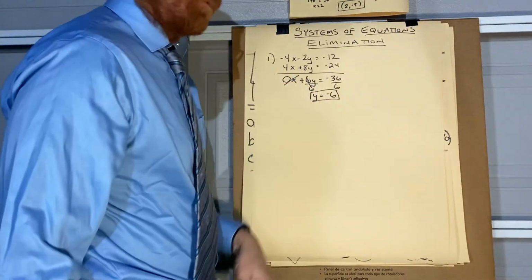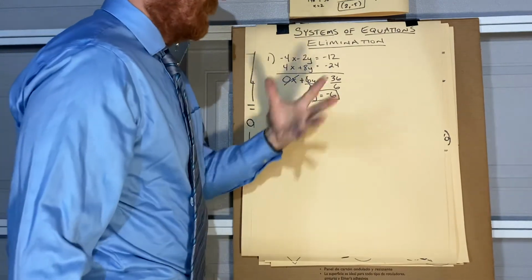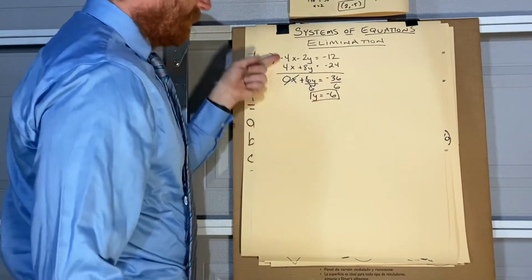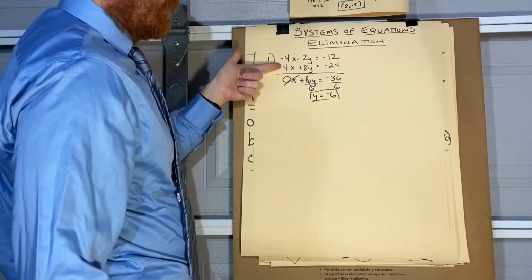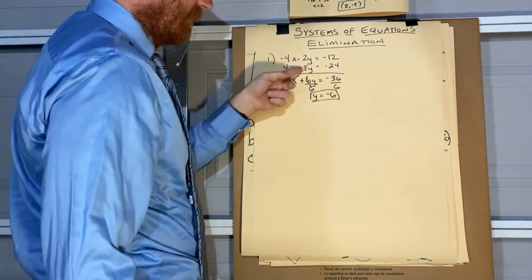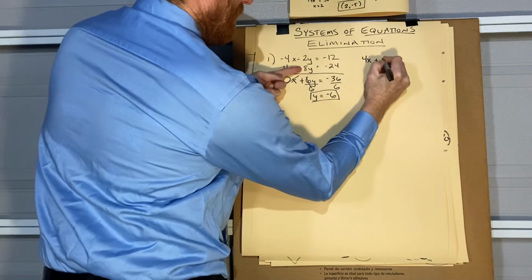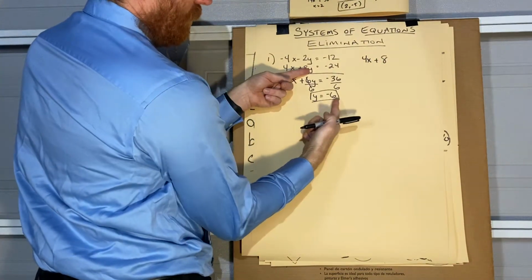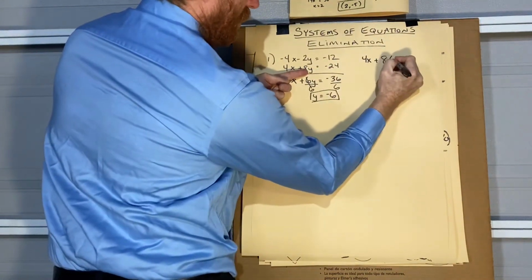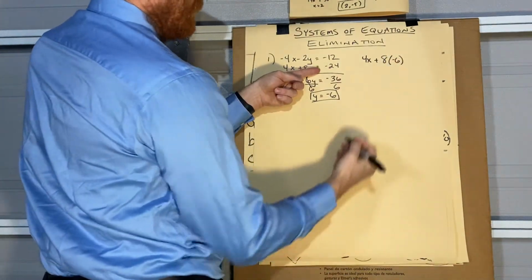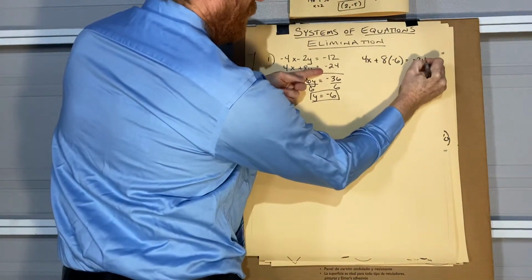We need the x and the y coordinate, so I take my y value and plug it back into one of the equations. I'm going to use the second equation because it has positive numbers right here. So 4x plus 8, but I know what the y value is. Y equals negative 6, so I'm going to plug it in with parentheses like that, equals negative 24.